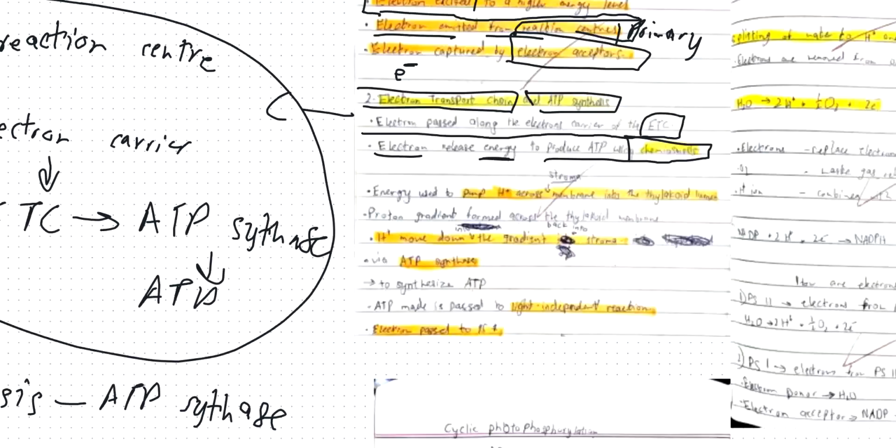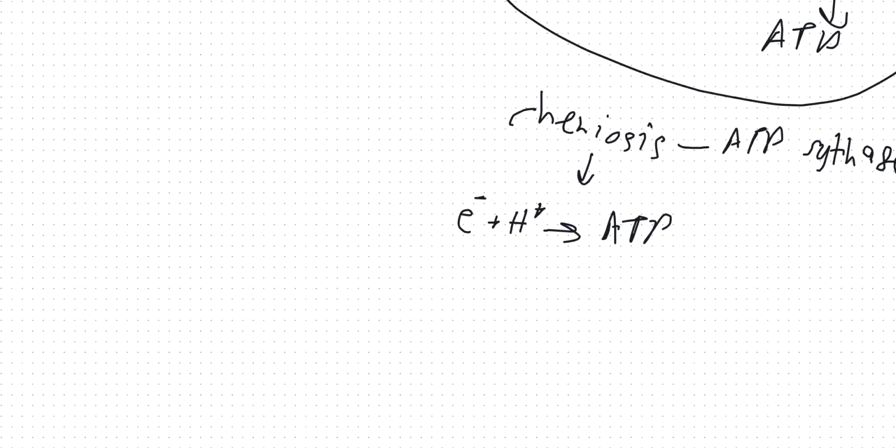So ATP is made, right? When ATP is made in the light dependent reaction, this ATP is passed to the light independent reaction. And electrons are passed to photosystem 1. Remember, these excited electrons were excited in the primary pigment, and then the energy from these electrons is used to make ATP.